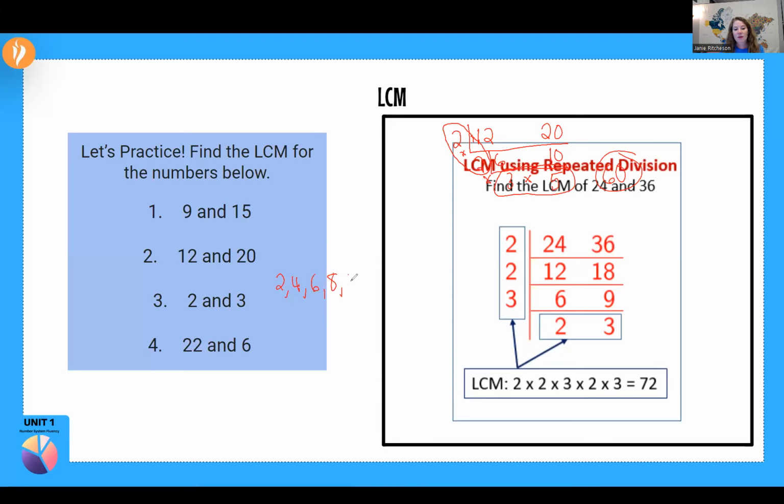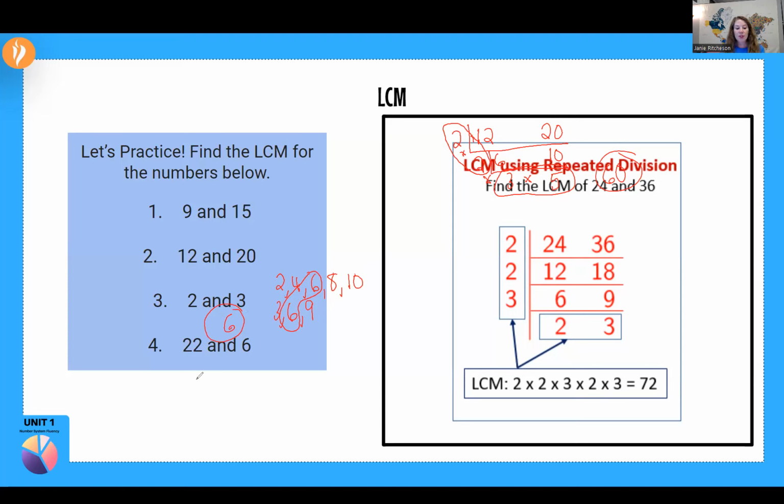All right, I could go on and on. And then what about 3? 3 times 1, 3 times 2, 3 times 3. All right, and I can stop because I already see that the smallest number that they both have in common is 6. The least common multiple of 3 and 2 is 6.